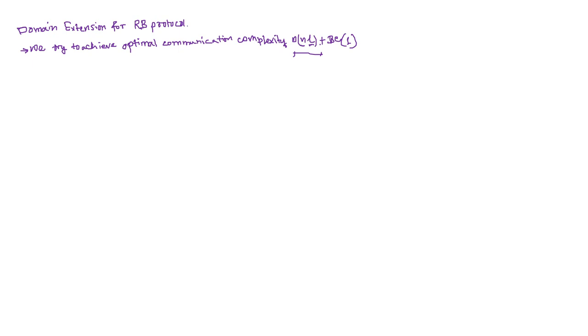So order of NL is the optimal cost required for any L length bit string broadcast. Now, to achieve this, we start with a warm-up protocol.